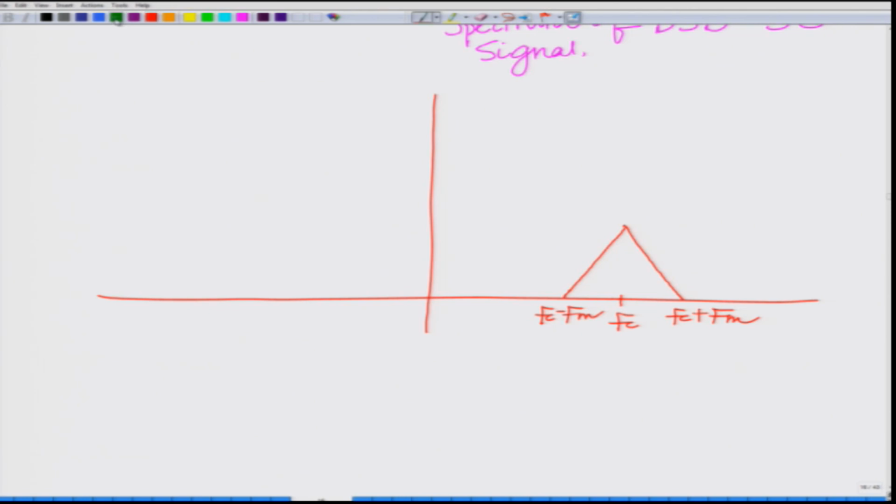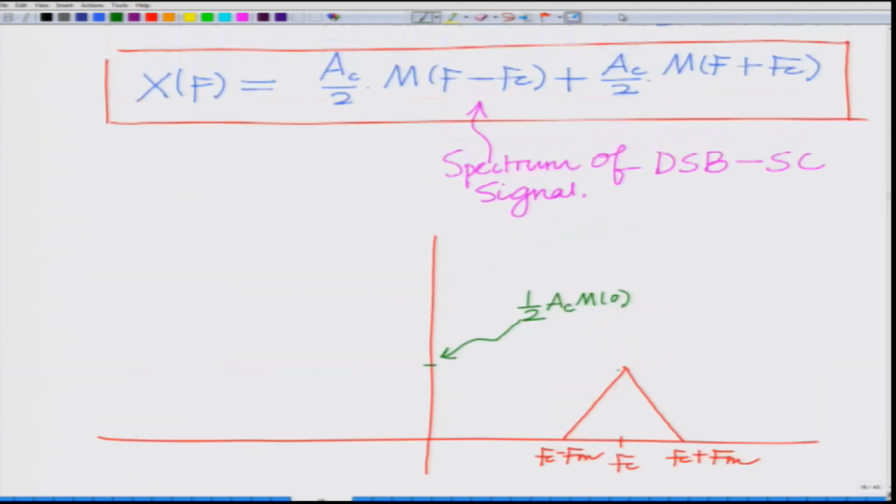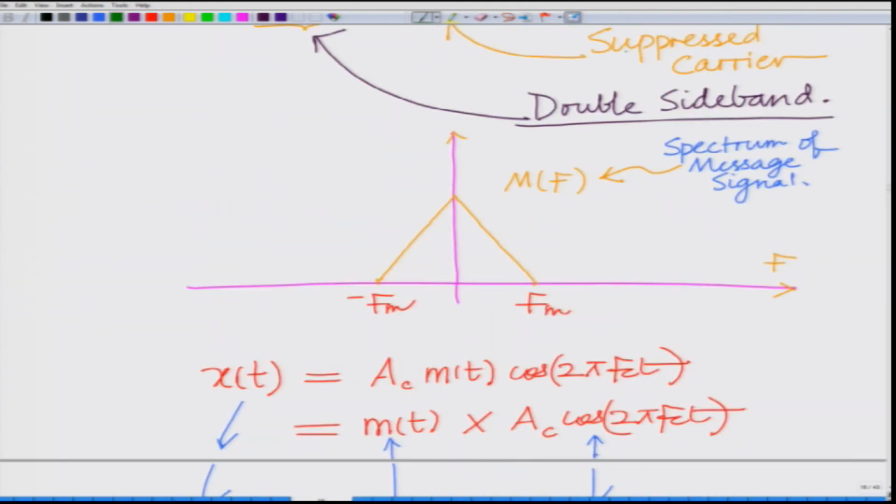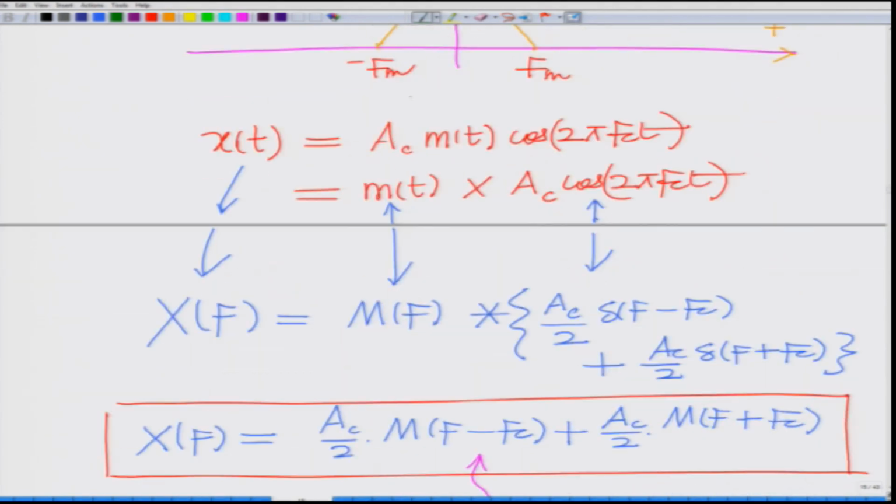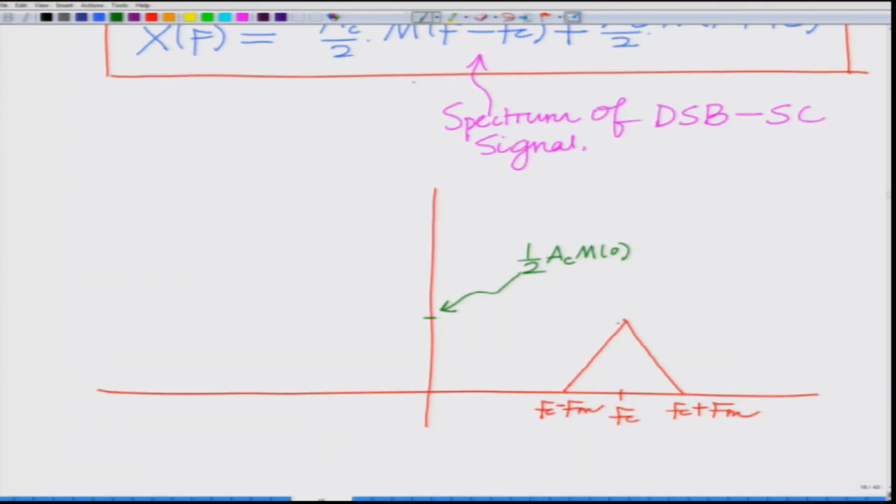And then this point will obviously be half A_c M(0), that is the spectrum at 0, because this point, remember, is M(0). So, this point is half A_c M(0), correct. M(0) is the spectrum at f equal to 0.